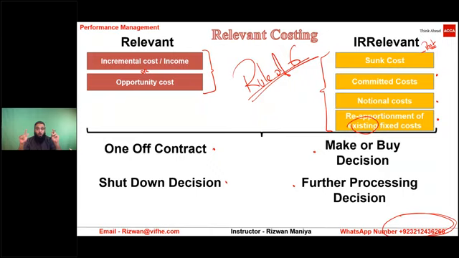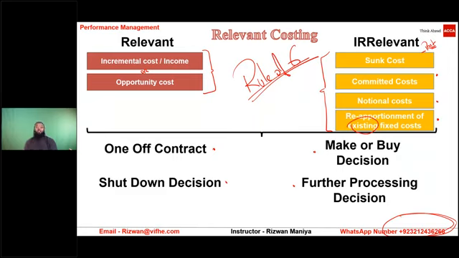That is not relevant for this job, because even if I wouldn't have accepted this, I would still have paid the rent. So existing, which is already there, which is not getting increased, it's the same. If you're charging that existing fixed cost to your decision making or your option, that's irrelevant.